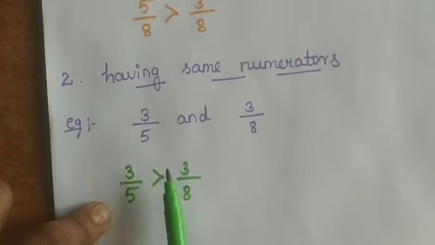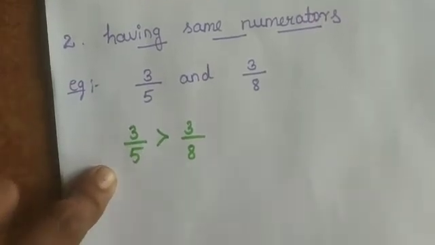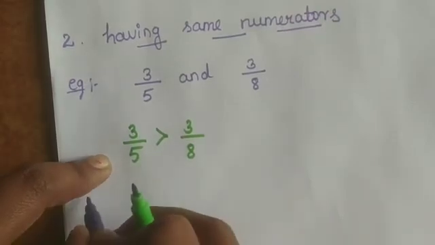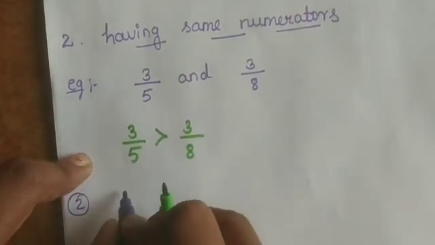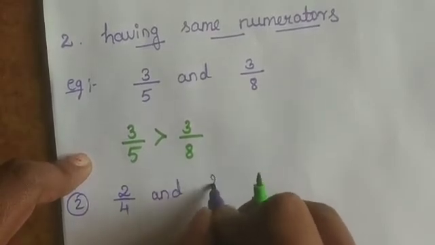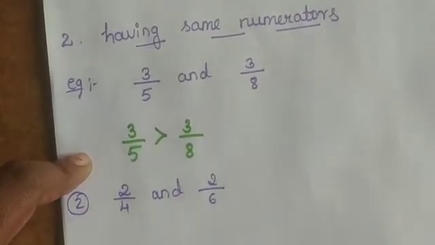In case the numerator is the same. Understood, children? So I will take the second example. 2 by 4 and 2 by 6.